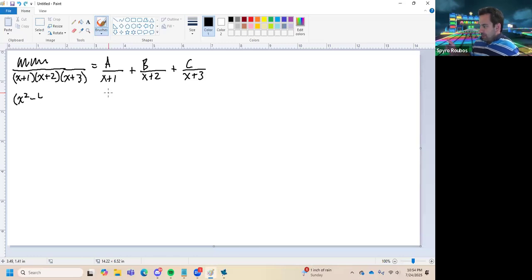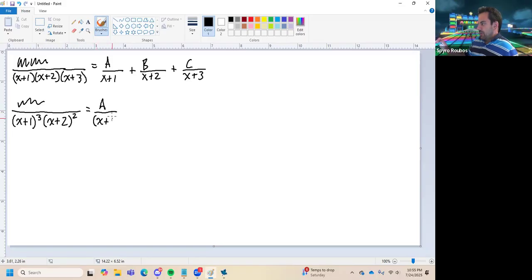So, the next case is, well, what if we have repeated factors? In that case, you just want to put a letter over each factor counting up to the total exponent. So A over x plus 1, B over x plus 1 squared, and C over x plus 1 cubed.